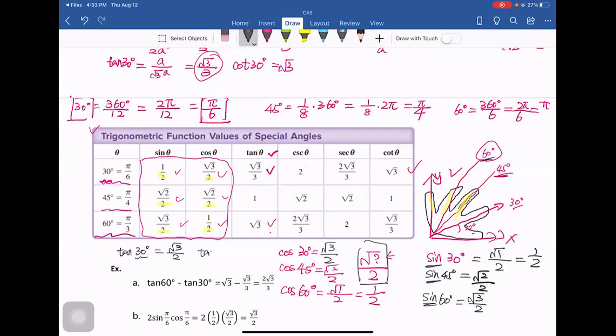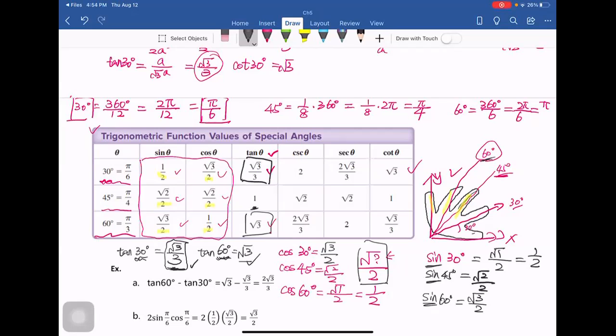And tangent 60 degree is bigger than 30. So this one should have a big value, which is square root of 3, not the square root of 3 over 3. This is a way to help me remember which special angle tangent has square root of 3 over 3, and which has square root of 3. So this is the way I memorize these 2. And in the middle one, the tangent 45, that is 1.